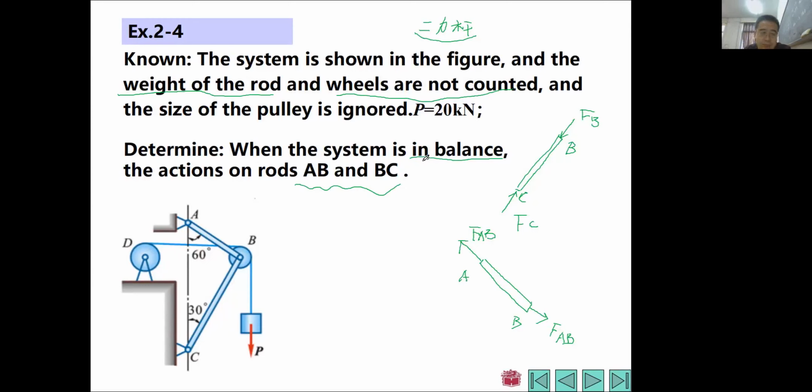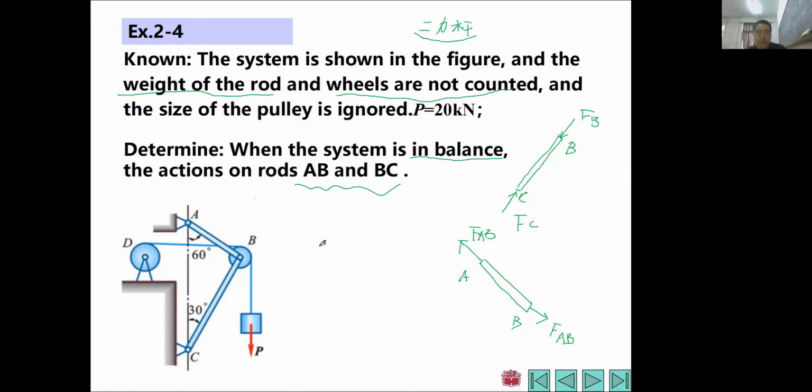The whole system is in a condition of balance, or equilibrium. Then when we take some part of this as an object to be studied, it should also be in equilibrium, right?